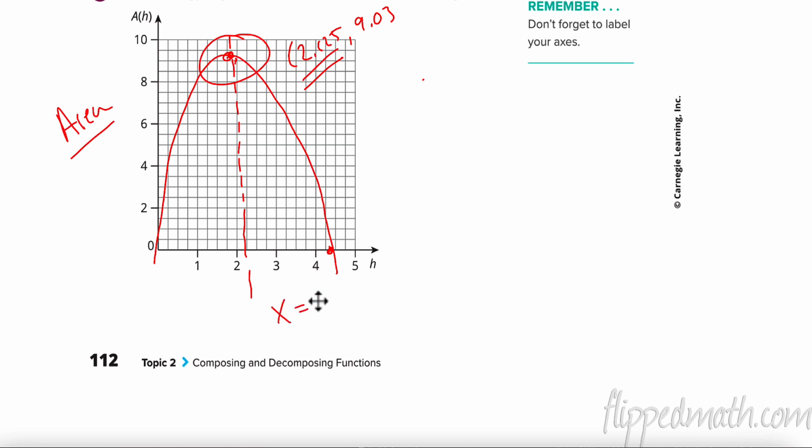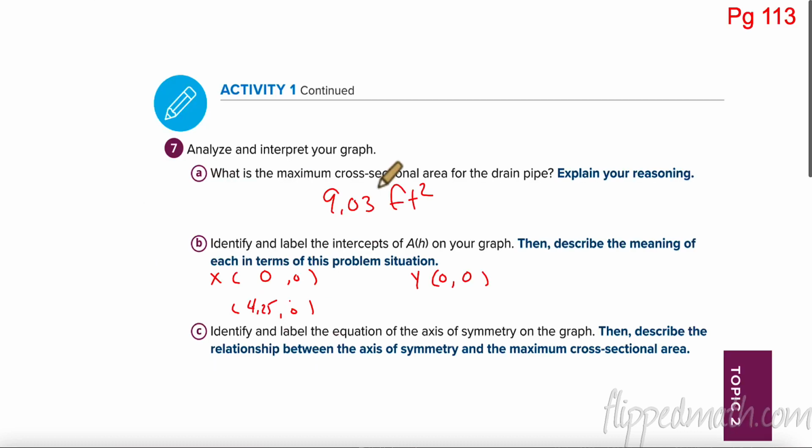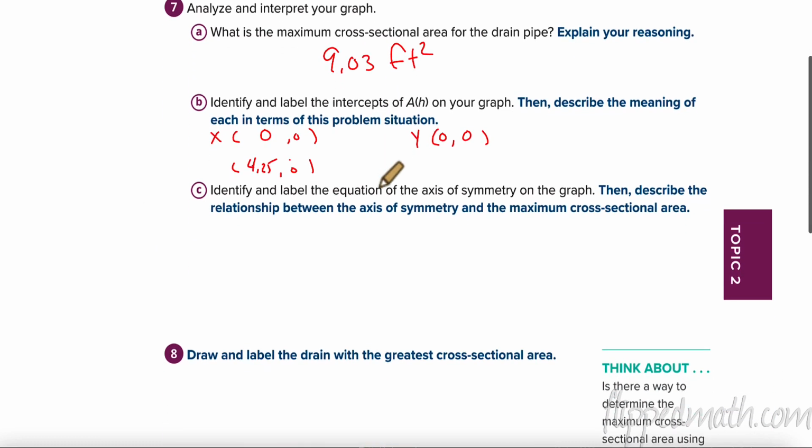So the axis of symmetry is 2.125 feet. So when our height is 2.125, that means we are going to have the maximum area. All right? So we have our equation, x equals 2.125.